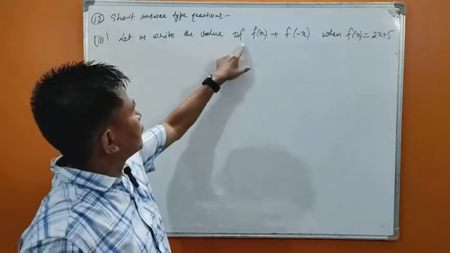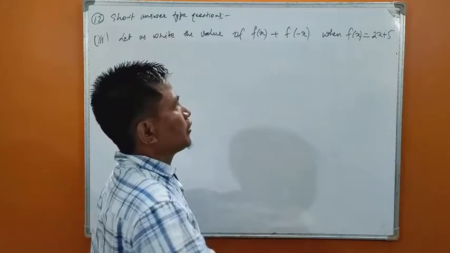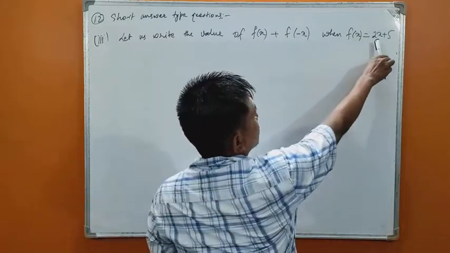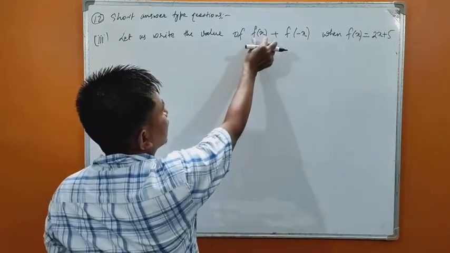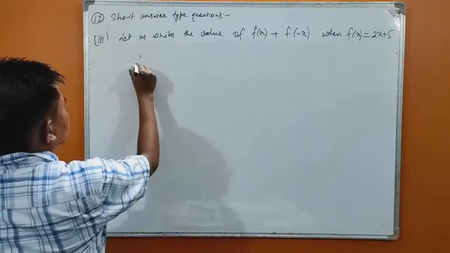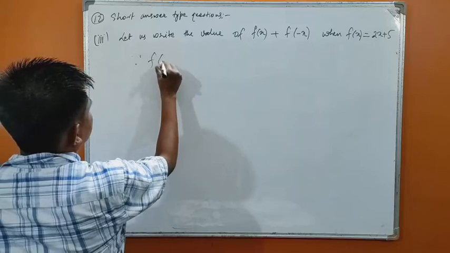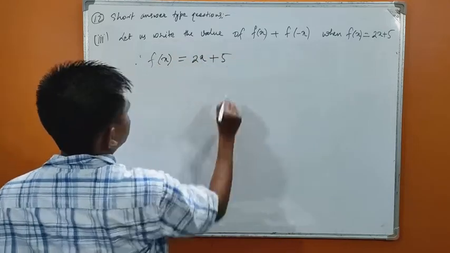Let us write the value of f(x) plus f(minus x) when f(x) is 2x plus 5. The value of f(x) is given to us, that is 2x plus 5. We are asked to find the value of f(x) plus f(minus x).